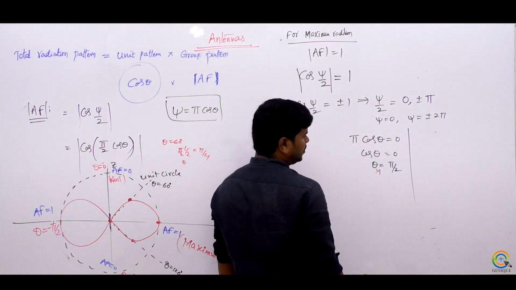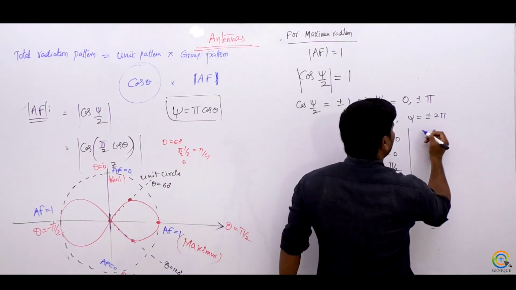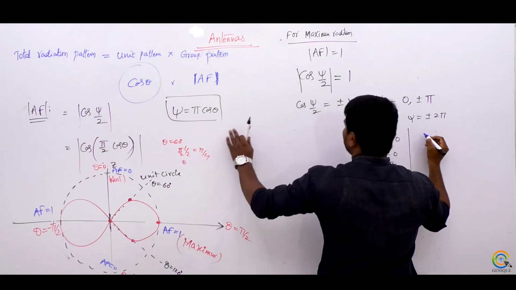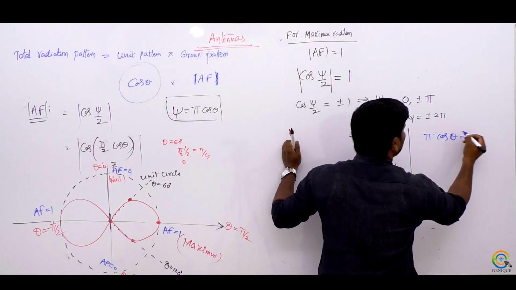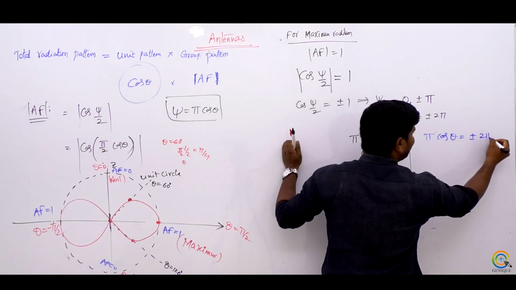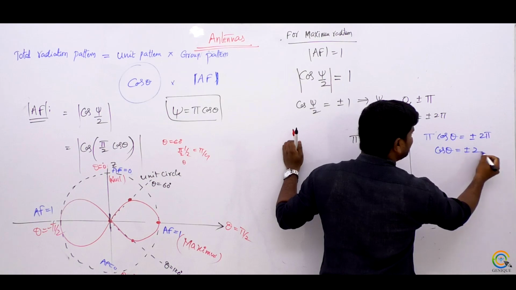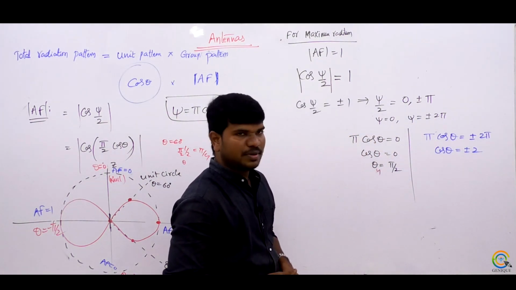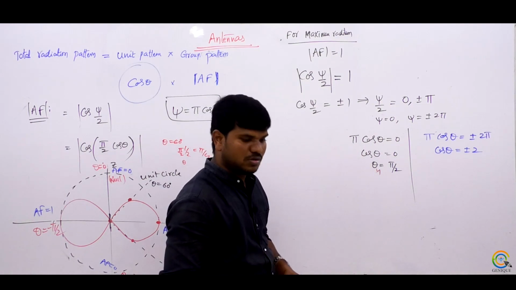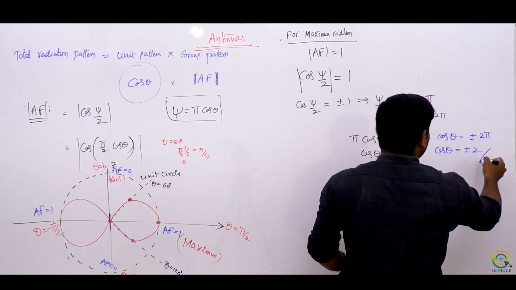Now similar to this, if psi is equal to pi cos theta is equal to plus or minus 2 pi, then cos theta is equal to plus or minus 2. Is there any condition like that? No. So you can remove this.